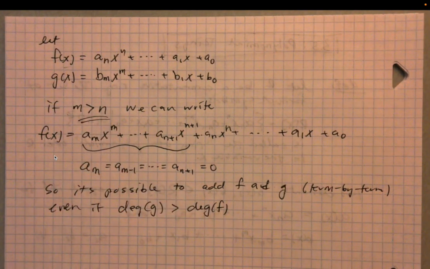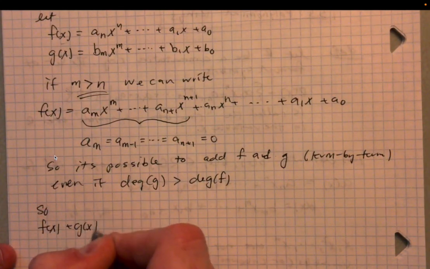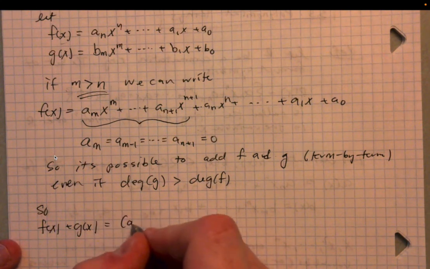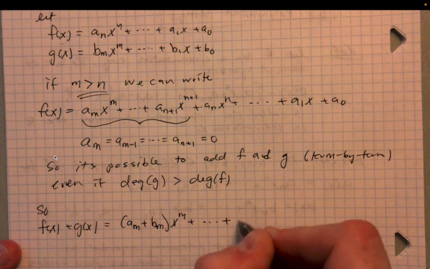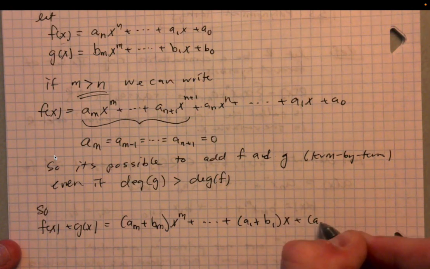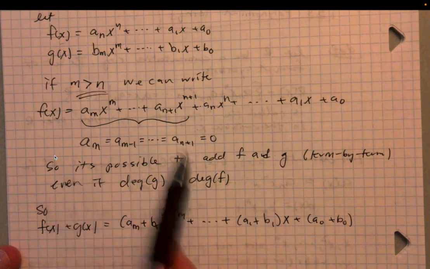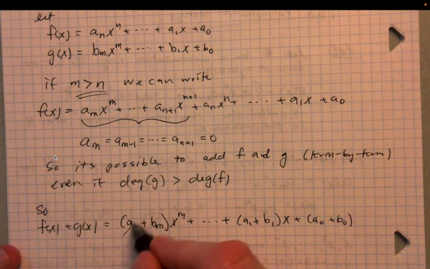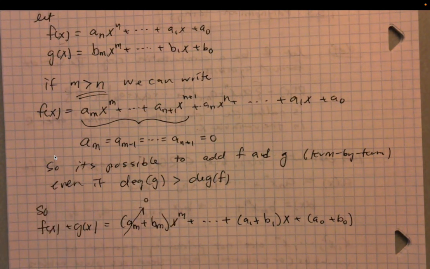So f(x) plus g(x) is just (a_m plus b_m) x^m plus ... plus (a_1 plus b_1) x plus (a_0 plus b_0). In the case of m being larger than n, this a_m happens to be 0. That's okay though, it's still just 0 plus whatever b_m happens to be. All right, so addition just works.